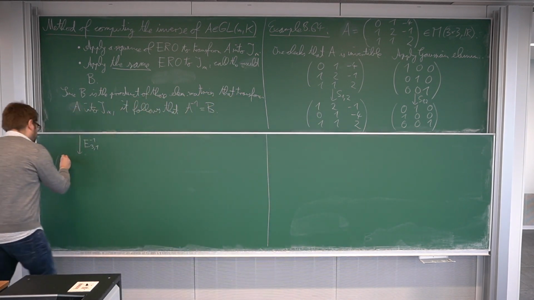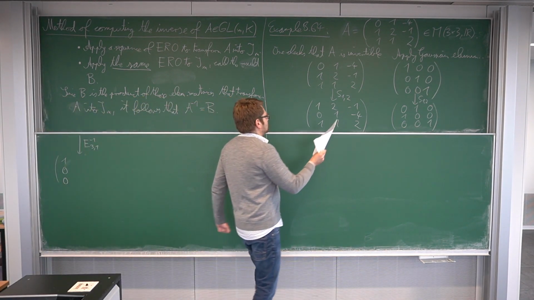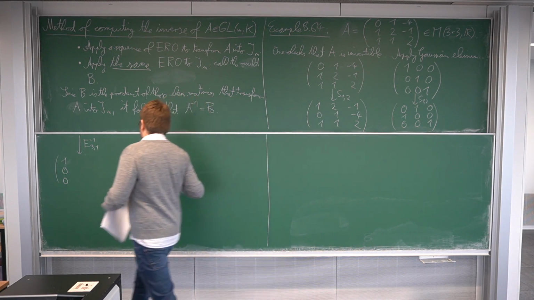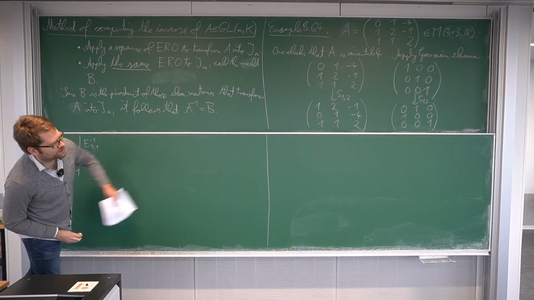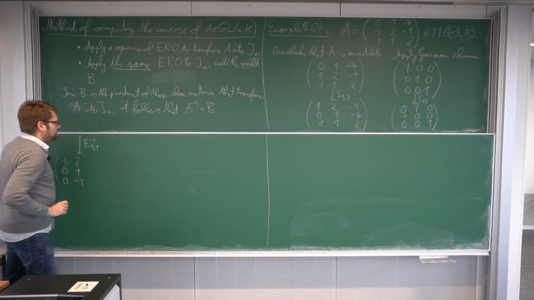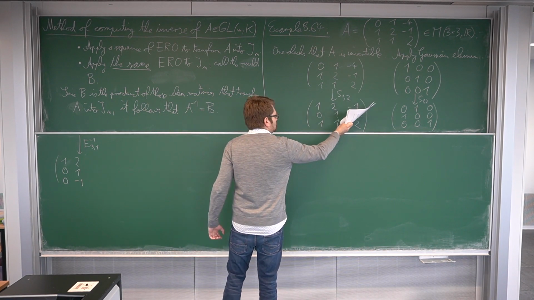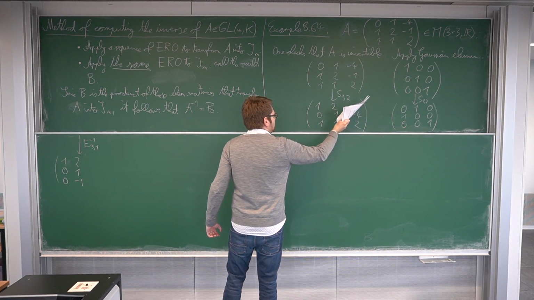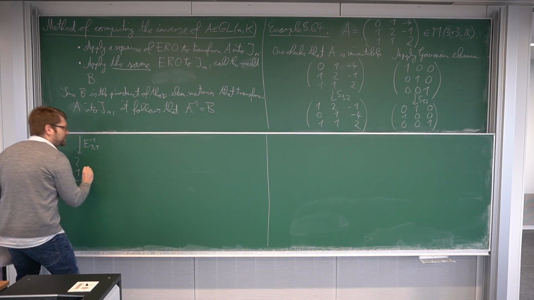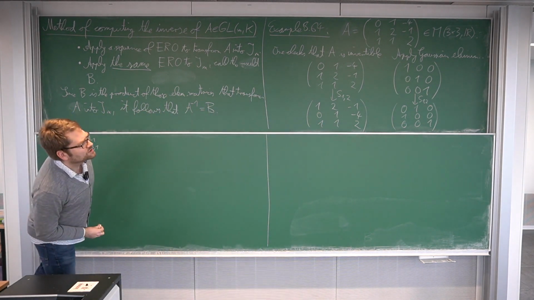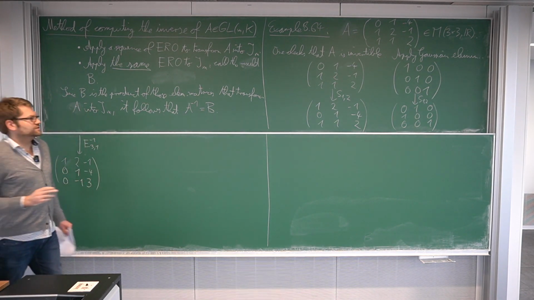So first of all, the first column becomes 1, 0, 0. The second column, 2, 1 stays as it is, and then we add minus 2 in the third row, and 1 minus 2 gives minus 1. In the third column, minus 1 times this is plus 1, added to the 2 gives a 3 in the end, and the other two stay as they were, minus 1, minus 4. Okay, and again, we have to do the same thing on the other side.